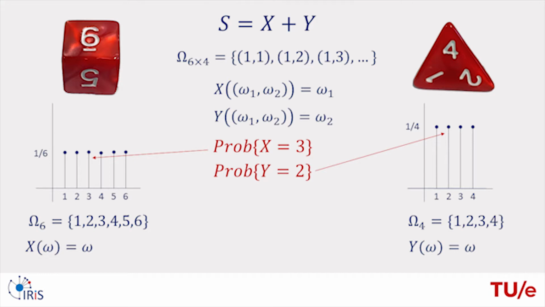But what we can do now, that we could not do before, now that we have actually combined the two into a single space omega, is that we can define a third variable s, which is the sum of x and y. So we can also ask the question, how is s distributed if we know the distribution of x and y? Well, let's have a look.